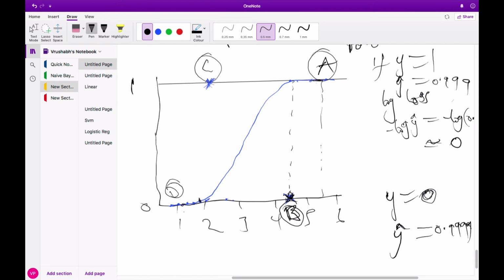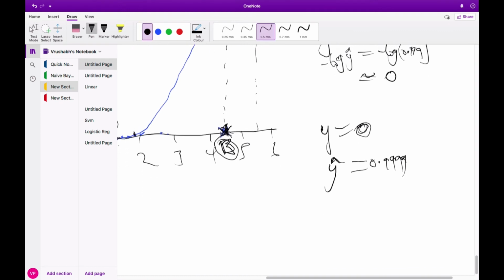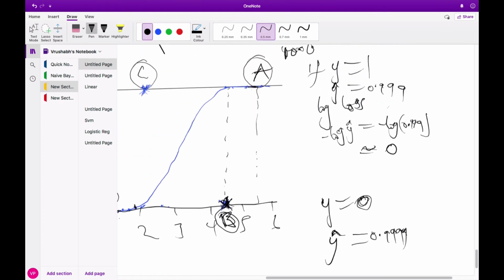But originally that person failed, yet our curve is going to predict that that person passed. That's a wrong prediction, a wrong classification. Our original is fail, but our prediction is closer to pass.